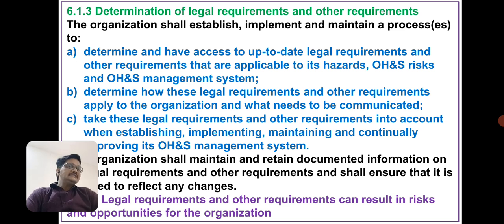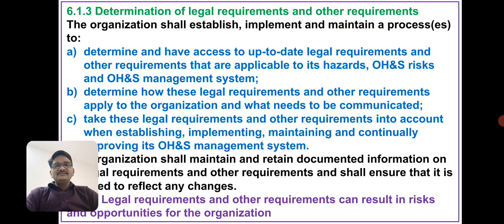For this, the organization shall establish, implement and maintain a process to determine and have access to up-to-date legal requirement and other requirement that are applicable to its hazard, OHS risk and OHS management system. Next is determine how these legal requirement and other requirements apply to the organization and what needs to be communicated.